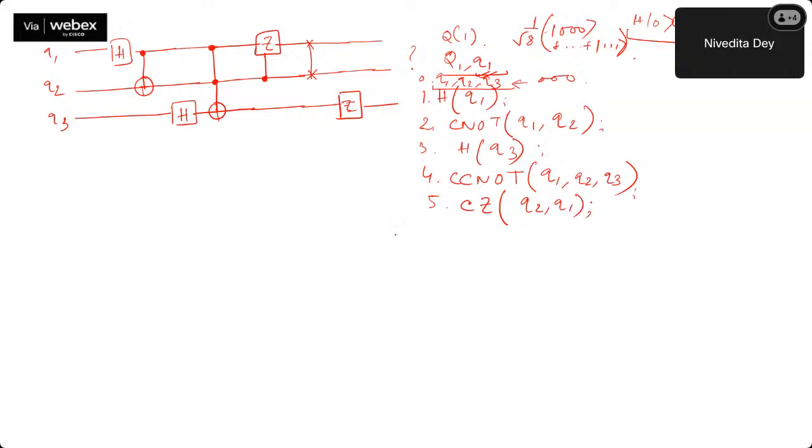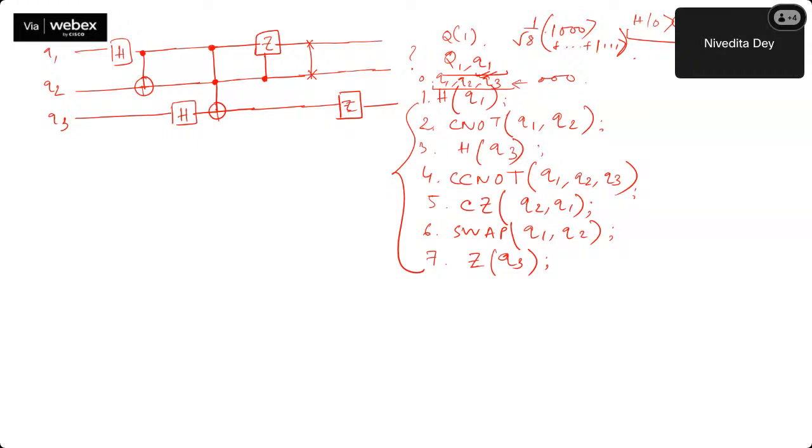Post that, it is a swap gate between Q1 and Q2. Then the seventh one is a Z gate or a Pauli Z, whatever you call it, on say Q3. Okay. So these are all the list of quantum operations.